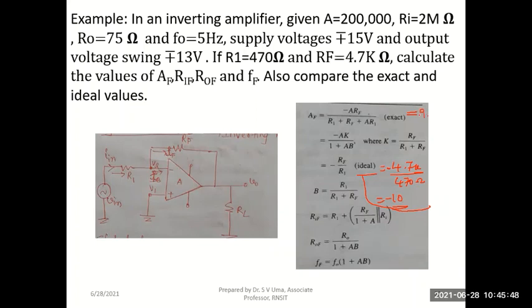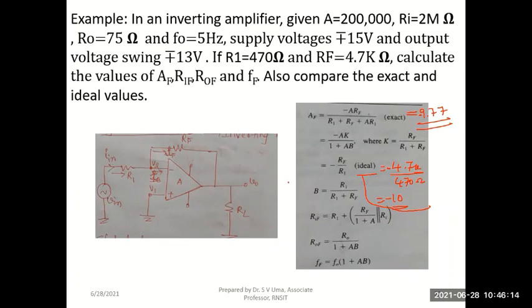Okay, minus 9.77 is your exact value, and you are assuming it to be minus 10. Naturally, this minus 9.77, when we approximate, this is more than 0.5 in the decimal place, so easily we can consider it as minus 10. That's why our approximate derivations hold good correctly.